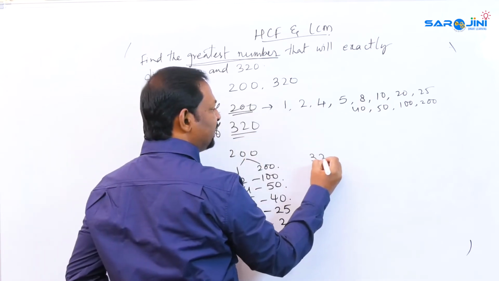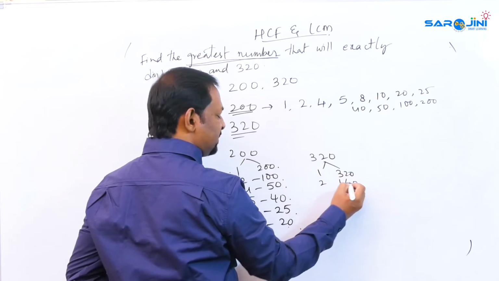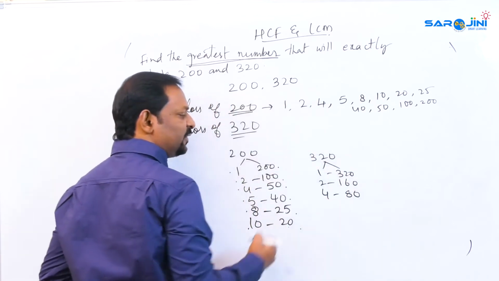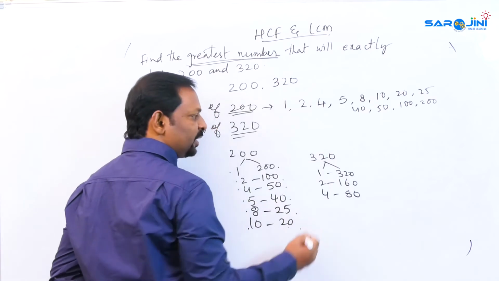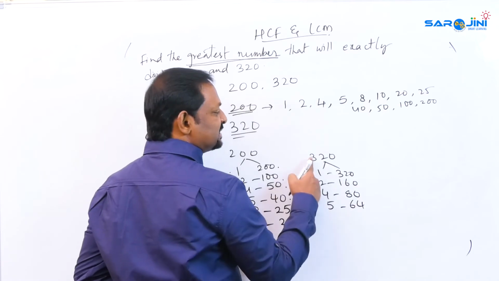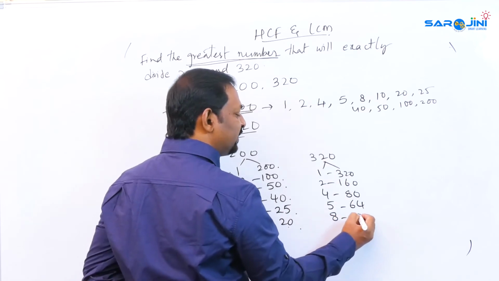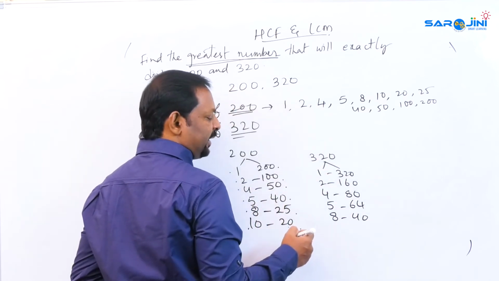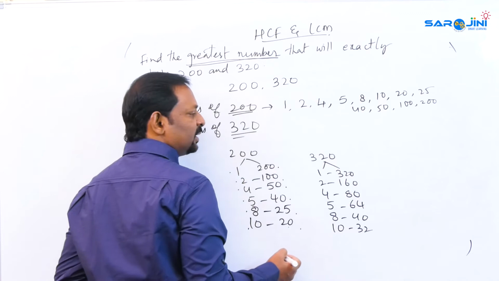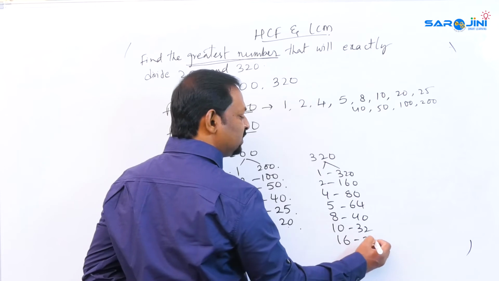Similarly, if I take 320, what are the factors? 1 320s are 320, 2 160s are 320. In the 3 table it doesn't go. 4 80s are 320, because 4 eights are 32 and 0. 5 64s are 320. 6 no, 7 no, 8 40s are 320, because 8 fours are 32. 9 no, 10 32s are 320. 11, 12, 13 no, 14 no, 15 no, 16 20s are 320.